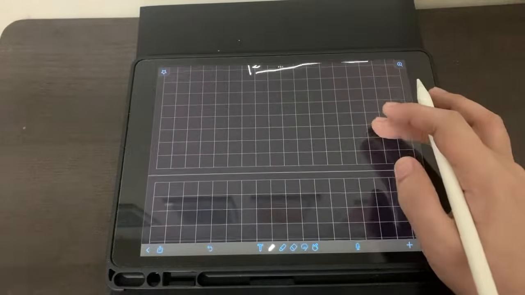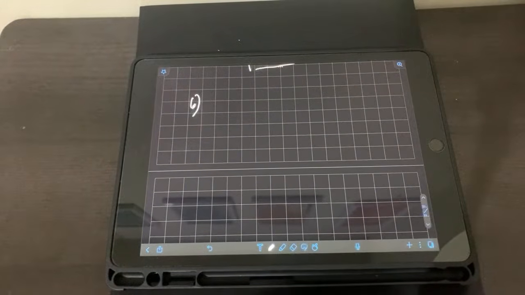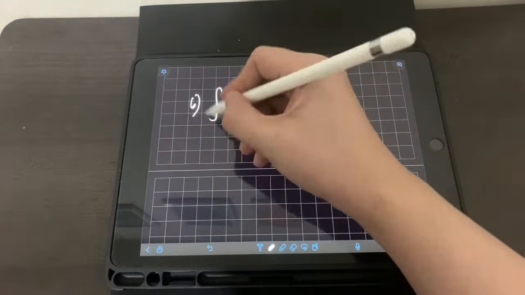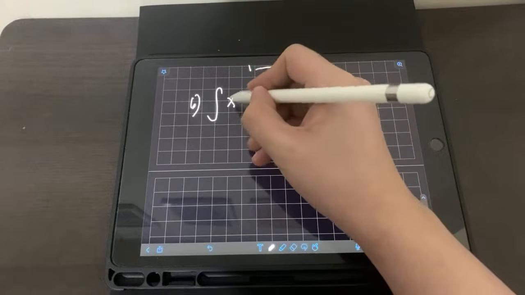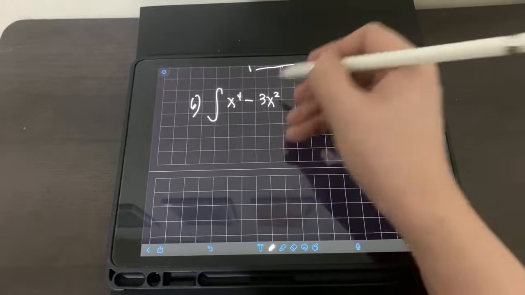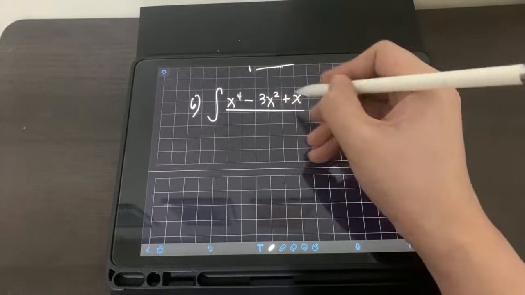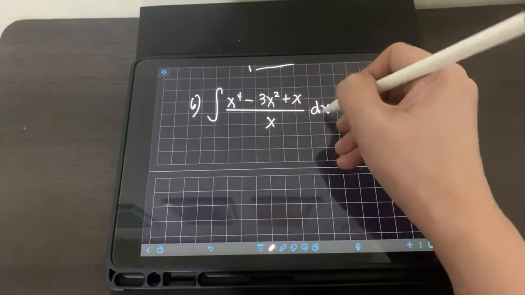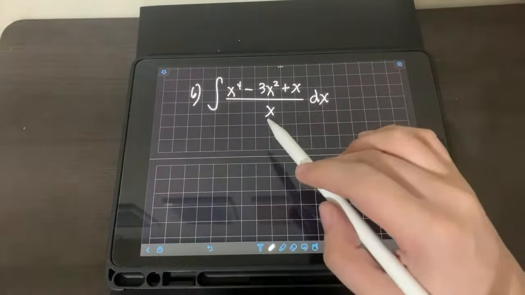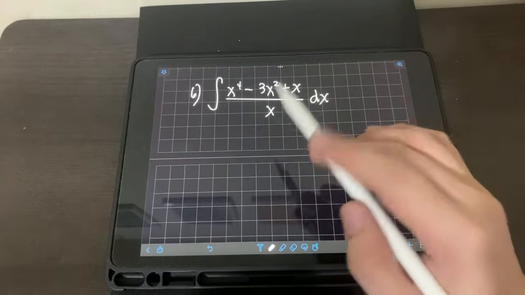Okay, so problem number 6. So let's have integral of x to the 4th minus 3x squared plus x divided by x dx. Okay, so this time, we can also apply distributive property.